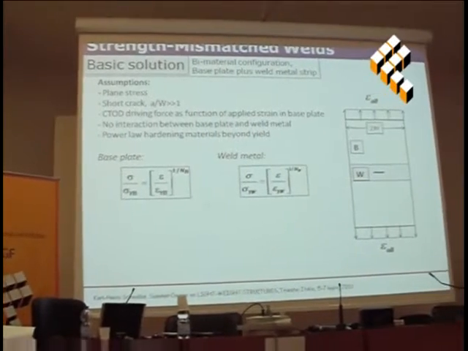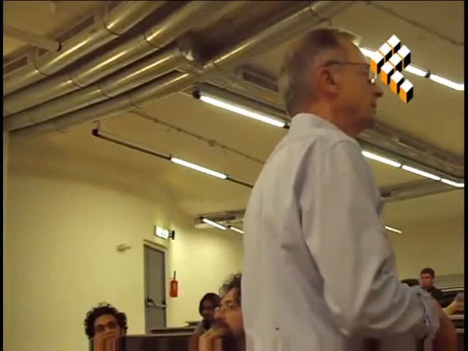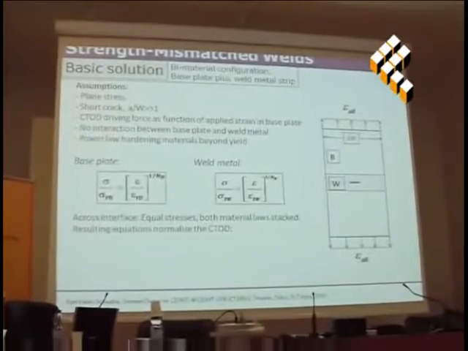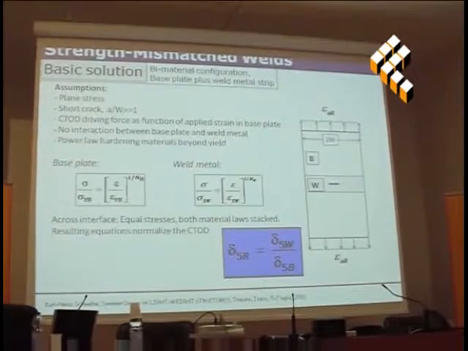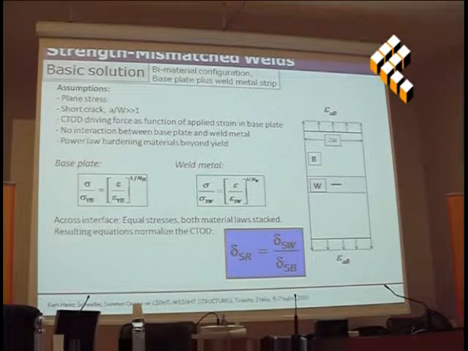At the interfaces, I have the same stress, so I equate the stresses and resolve for epsilon in weld metal. And then I calculate the delta 5 in the weld metal and the delta 5 in the base plate, and I do this quotient in order to see immediately the effect of mismatch.